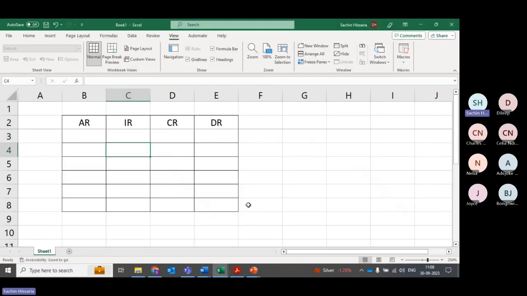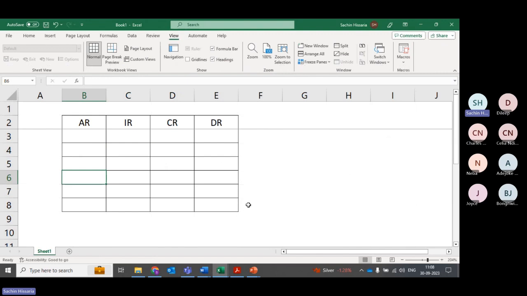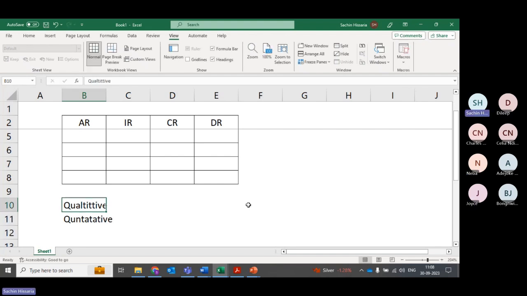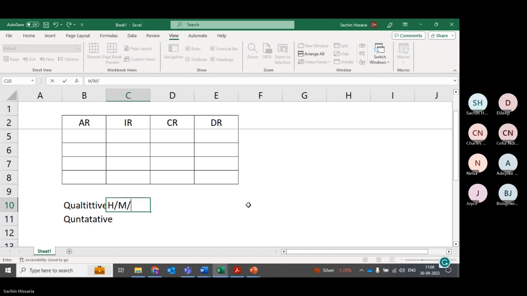Now let me ask you. Basically, risk assessment we can do using two methods. One is called a qualitative method, and the second is called a quantitative method. In a qualitative method, we do a risk assessment using subjective parameters like high, medium, low.